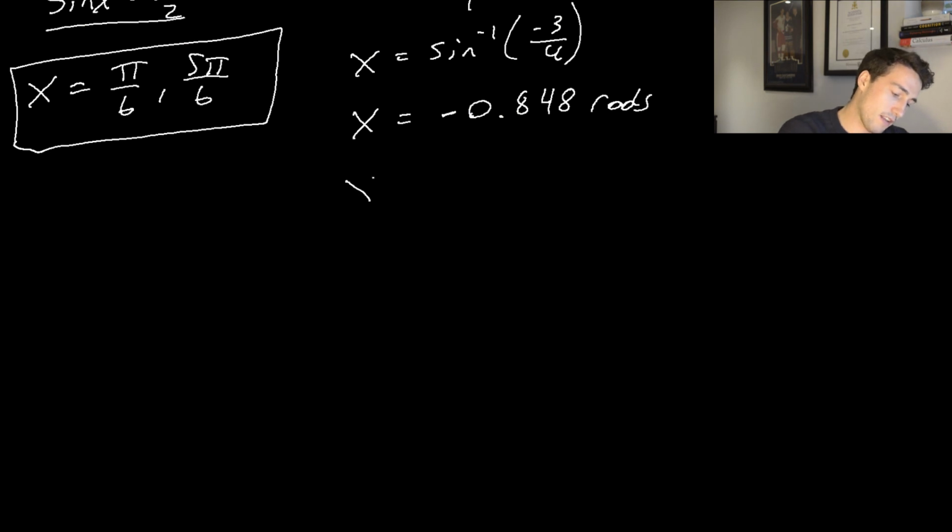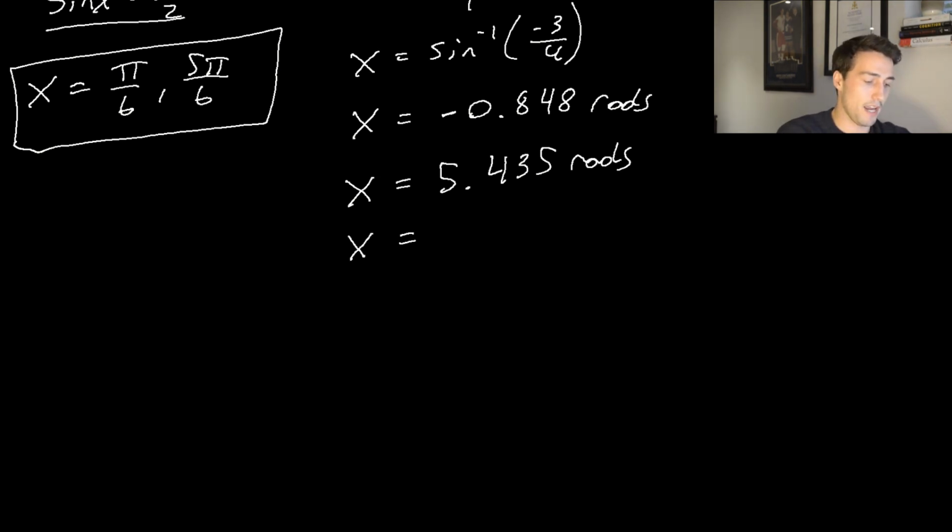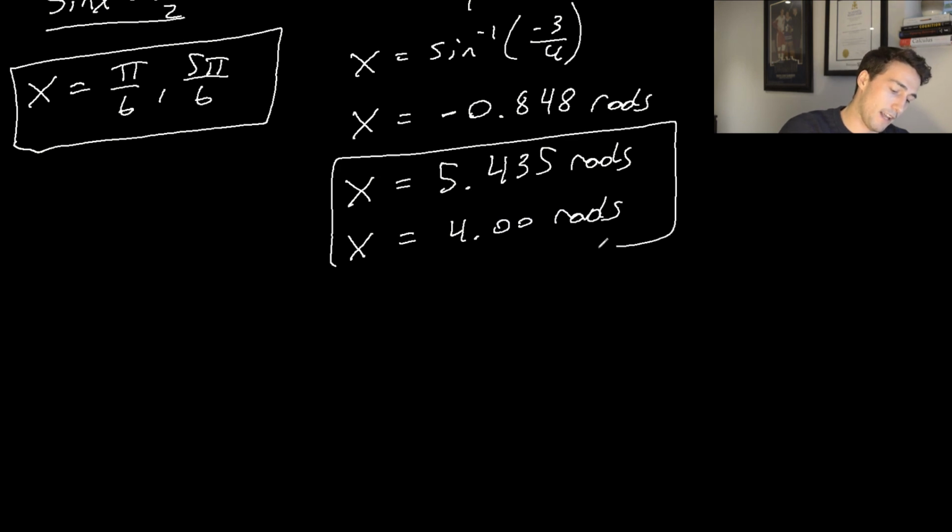So for these answers, I'm going to say x is equal to 2 pi minus 0.848, that's going to be 5.435 rads. And x is also equal to 0.848 plus pi, and that is going to equal 3.98. I guess if I round properly, this is going to be 4.00 rads. And that would be our final answer there.